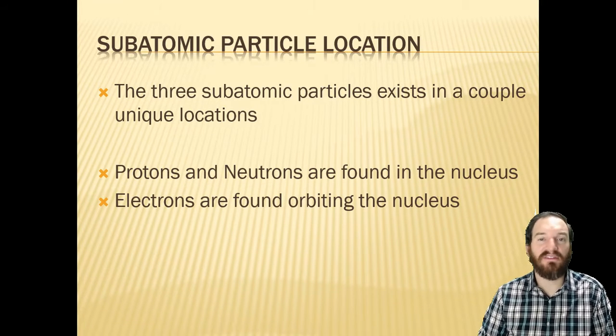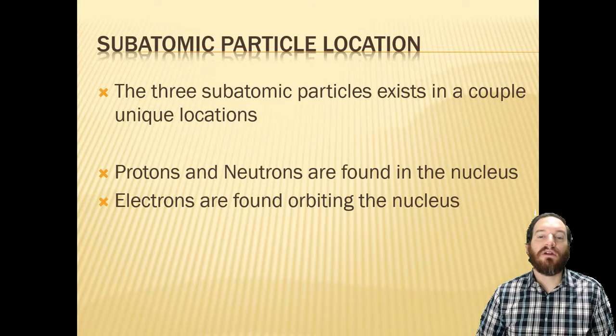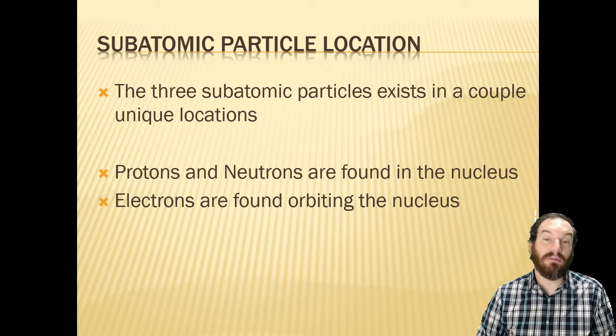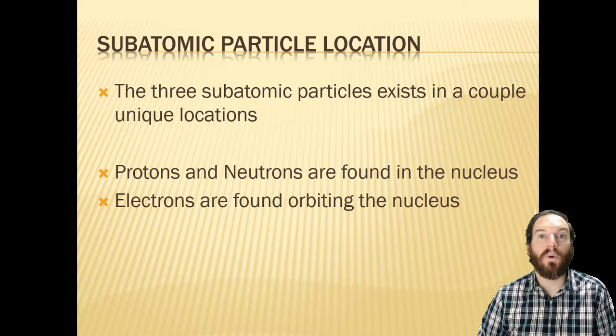Now, let's talk about where we can find these subatomic particles. The past so many slides have had images talking all about it. The next slide has an image to identify this. There are two major locations for subatomic particles to be found: what we call the nucleus of an atom, not to be confused with the nucleus of a cell. A big difference. The nucleus of a cell is the equivalent of like a million atoms or more.